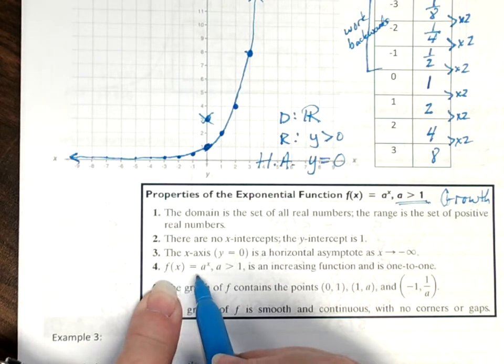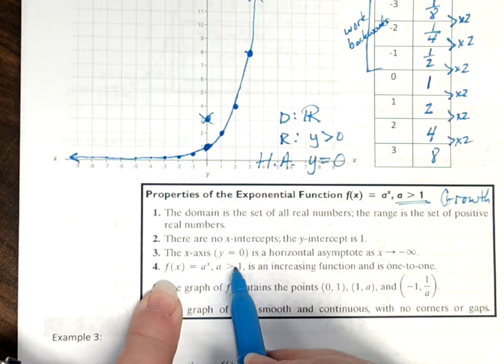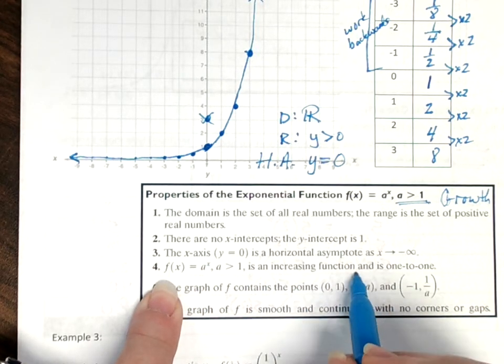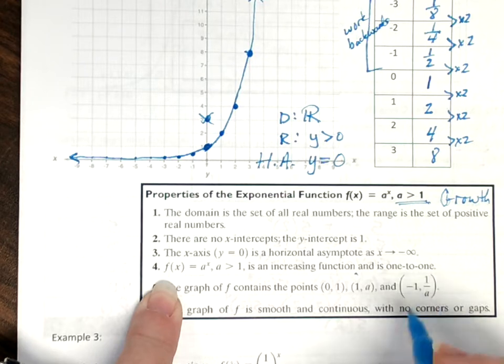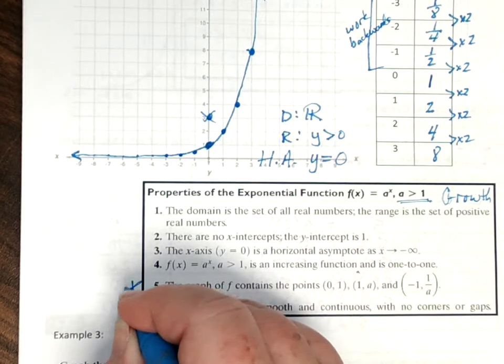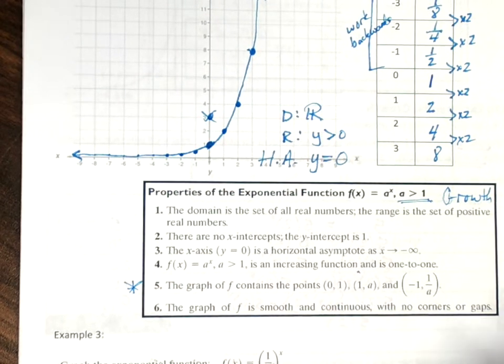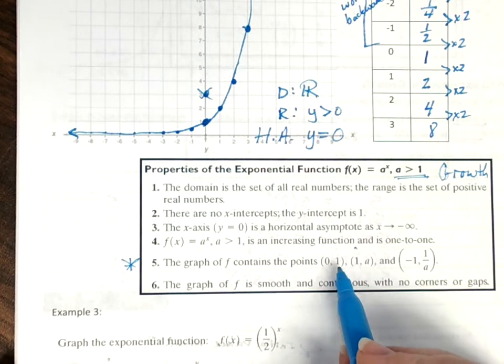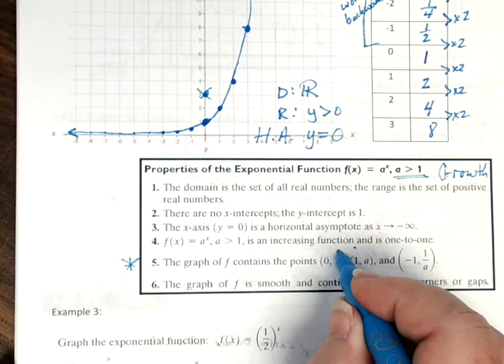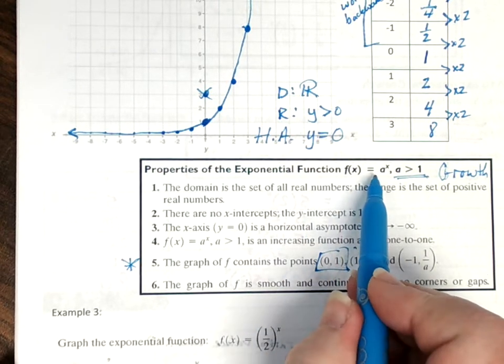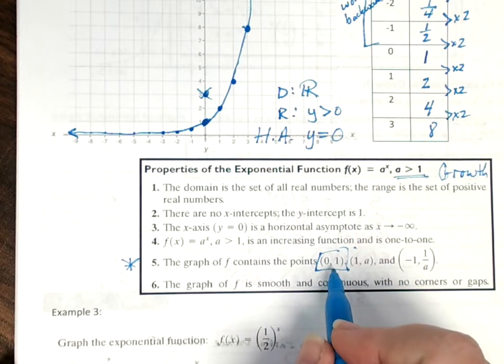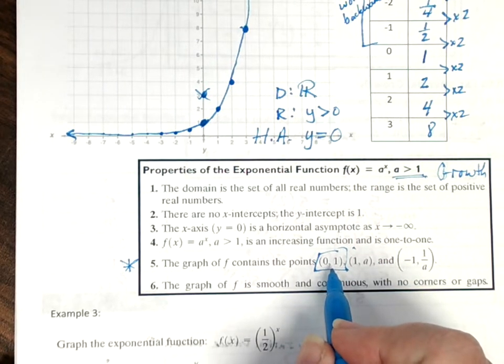The function a to the x, a will always have to be positive. It will always be increasing. It's a 1-to-1 function. Now this next one, it's nice to have, but you don't need to memorize it: that this point will always exist. Unless that initial value is something different, it will always cross through 0, 1.